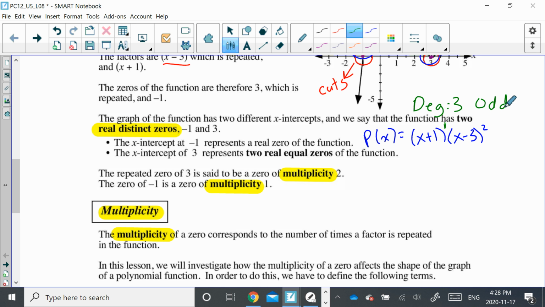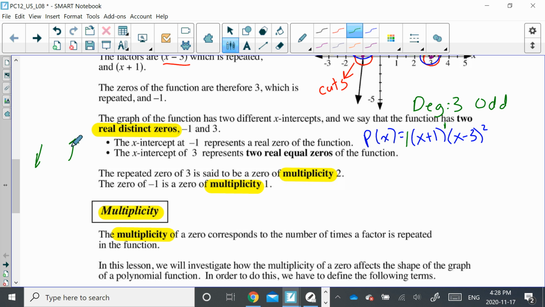It's odd, and the leading coefficient is positive. So you should be able to think back to what we started with at the beginning and say, what would the end behavior of this graph be? If it's odd and positive, the left arm falls and the right arm rises.